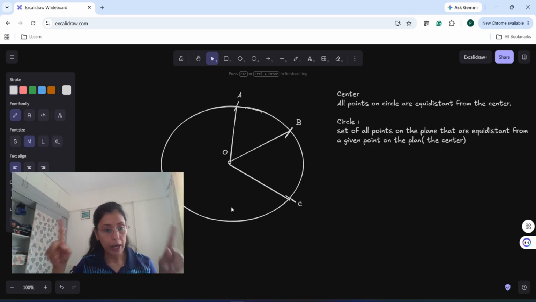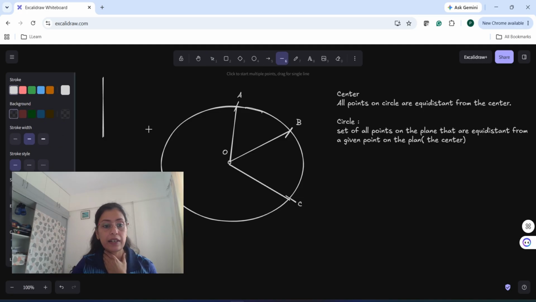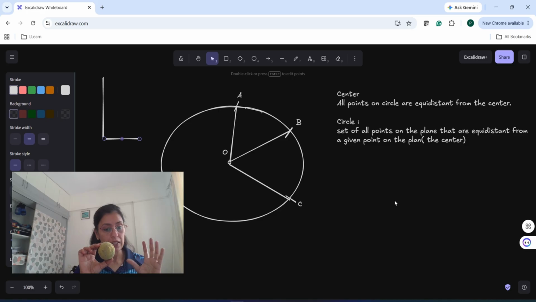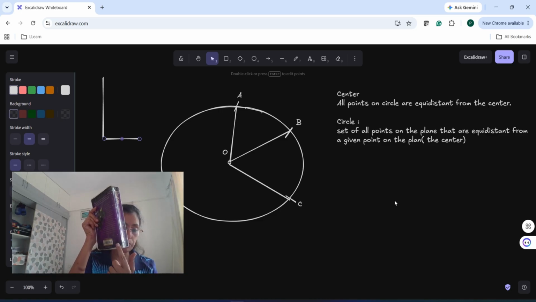A plane is a two-dimensional surface. For example, the screen of the laptop has only two dimensions that you can see here: you can only define the length and the width. Now, this is a ball. Is this a circle? This space in the room is a three-dimensional space. Anything present in the room, we can see all three dimensions of that object. For example, this book: this is the height of the book, this is the width, and this is the length.